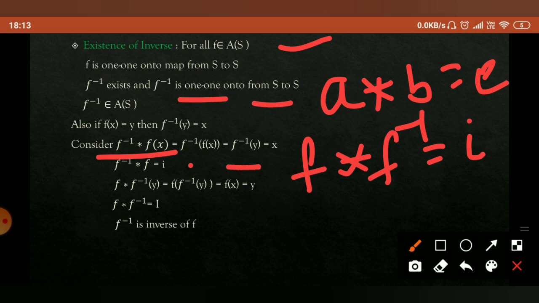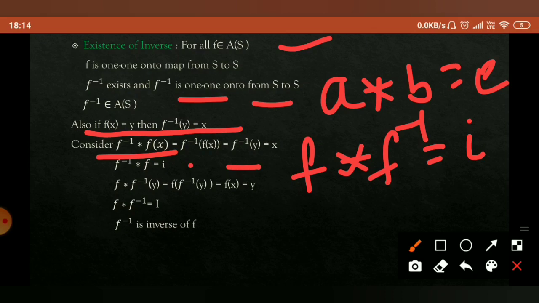So f inverse of y is x. Why is it x? Because of this condition: if fx is y, then f inverse y will be x, right? The inverse function will give us the image of y as x. So what we get is f inverse f is equal to x.